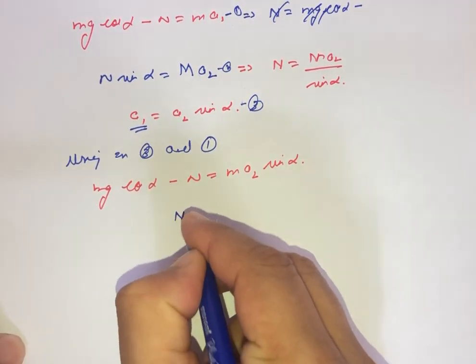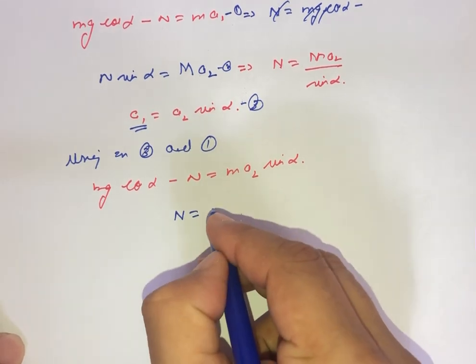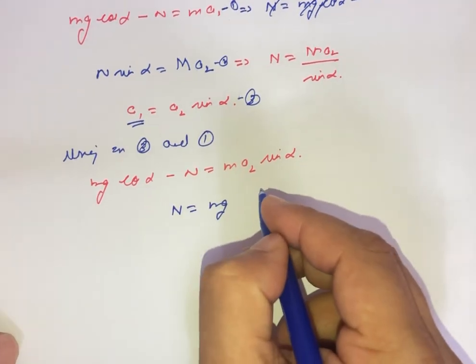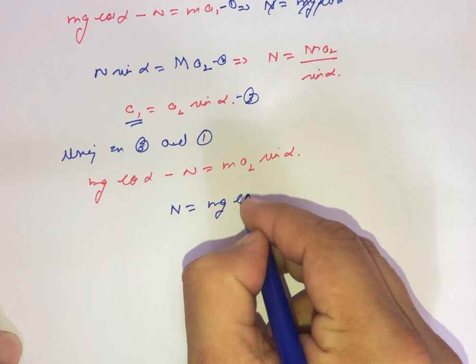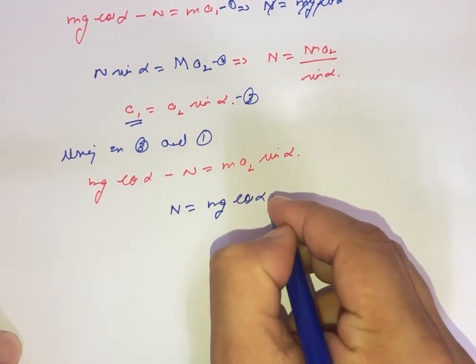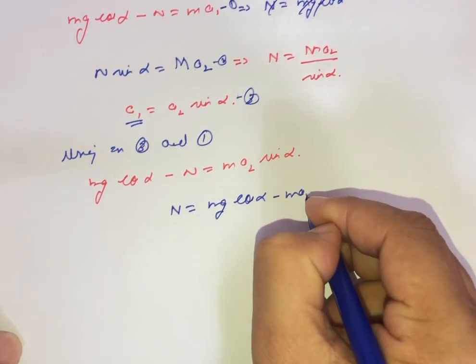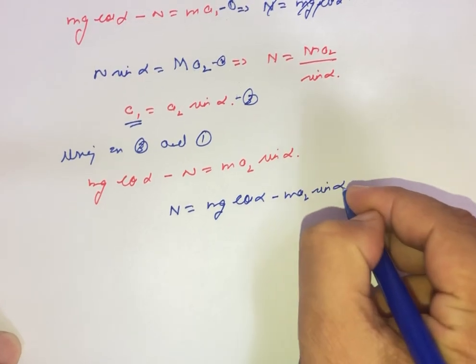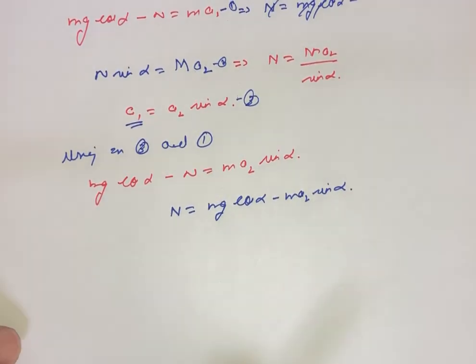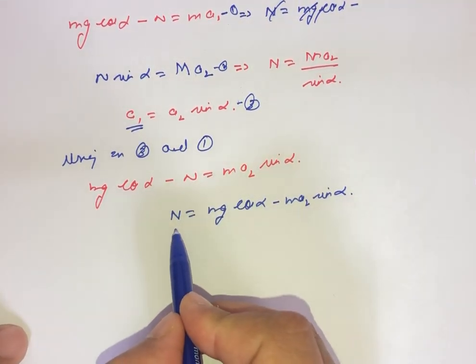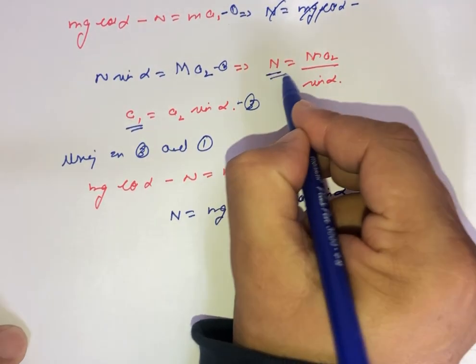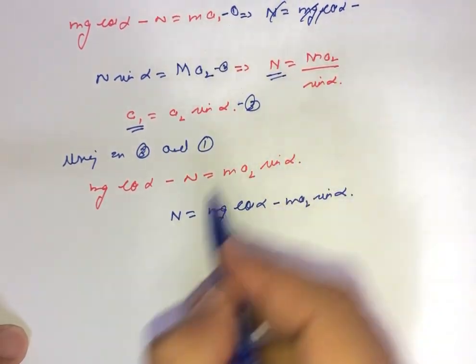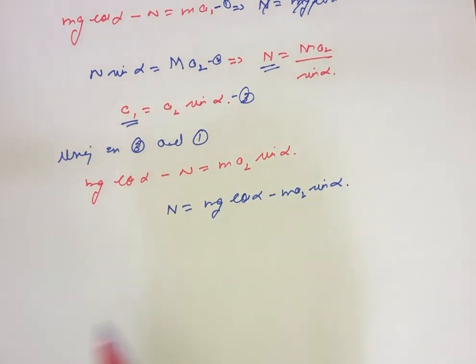We can say that our normal is equal to mg cos alpha minus m A2 sin alpha, and we already know our normal is given as M A2 divided by sin alpha. We substitute here.